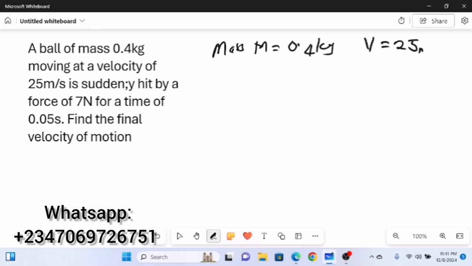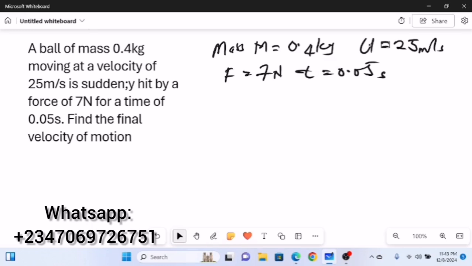It is being hit by a force of 7 newtons, so F equals 7 newtons, for a time of 0.05 seconds, so t equals 0.05 seconds. The question is asking us to find the final velocity of motion, v. So let's change this v to be u, to indicate initial speed. So u is given simply as 25 meters per second.